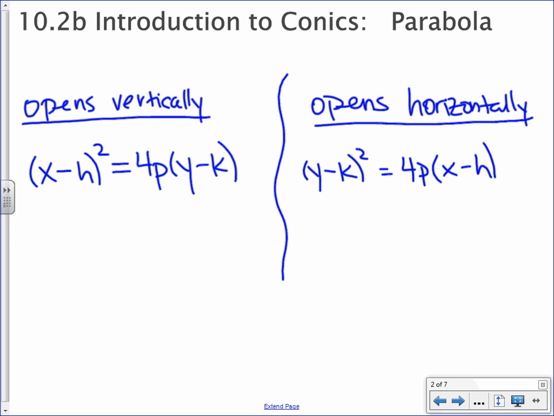Matt, if we have a parabola that opens horizontally, what tells us that it's going to open left as opposed to right? A positive or negative y, like right here?